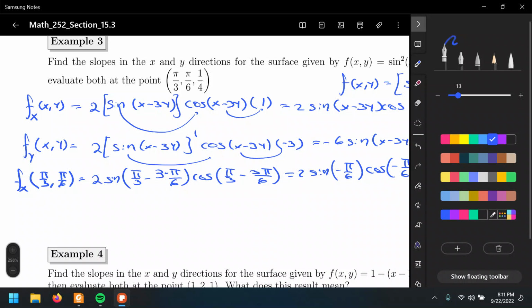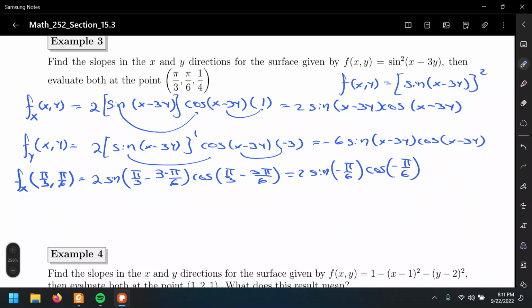So let's simplify the sine. That's going to be a negative 2 sine pi over 6 cosine pi over 6. So that's negative 2 times sine of pi over 6, which is 1/2, and cosine of pi over 6, that's root of 3 over 2.